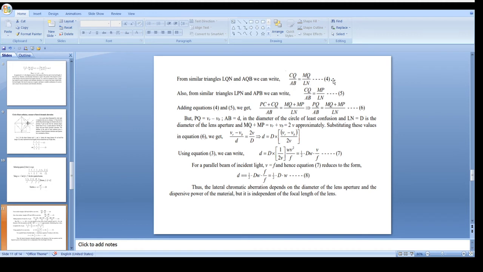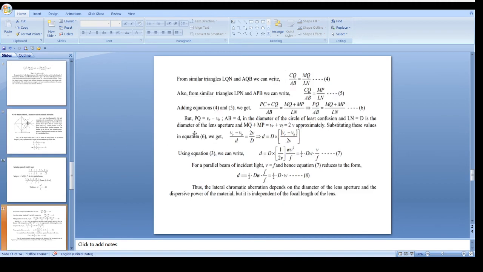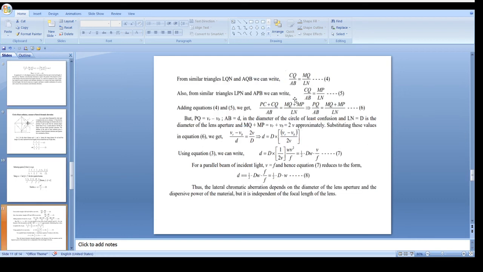This equation is the fourth one. Similarly, triangles LPN and APB: CQ divided by AB equals MP divided by LN.